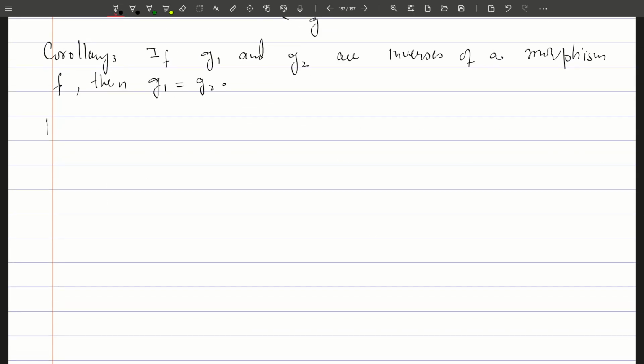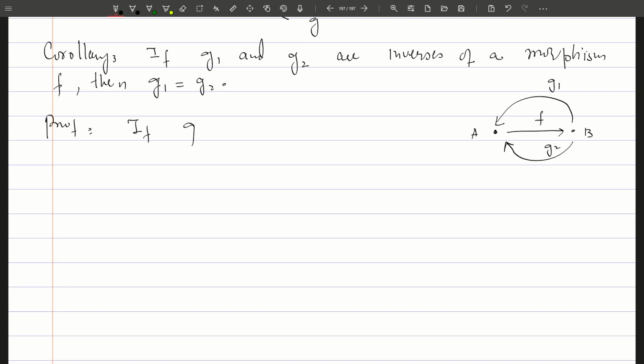So to prove this, the situation here is like this. So we have say object A, object B, between A and B we have a morphism say F, and we claim that G1 and G2 are its two inverses.